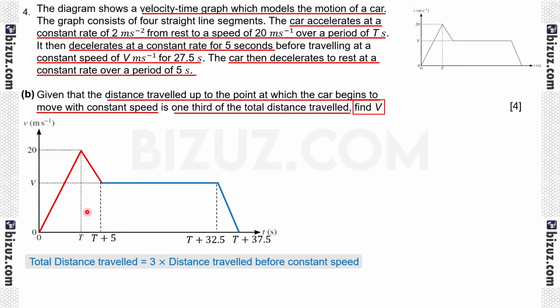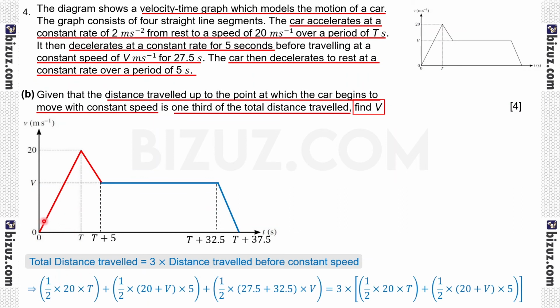So the first part here is a triangle, so we can find the area of triangle as half into base into height, where the base is t and the height is 20, so half into 20 into t, plus this part is a trapezium. So area of trapezium is half into a plus b into h, where half into a is 20, b is capital V, into h is t plus 5 minus t, which is 5.